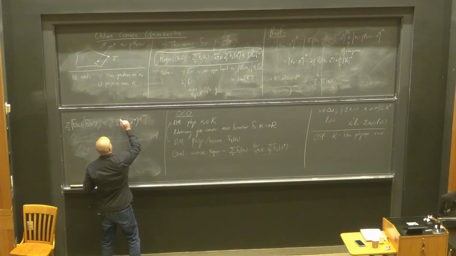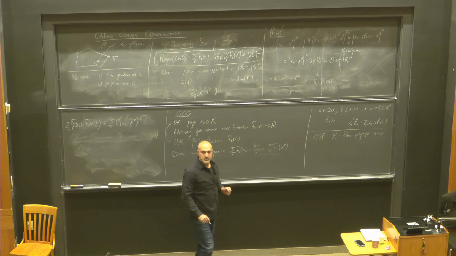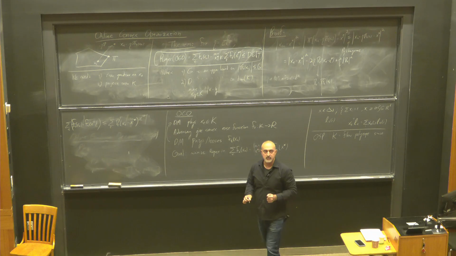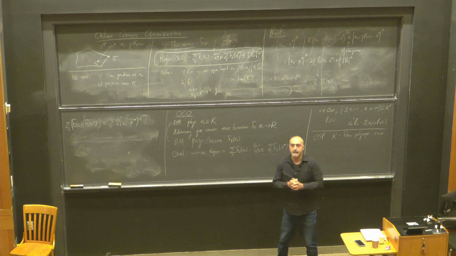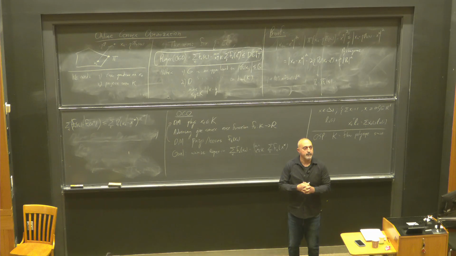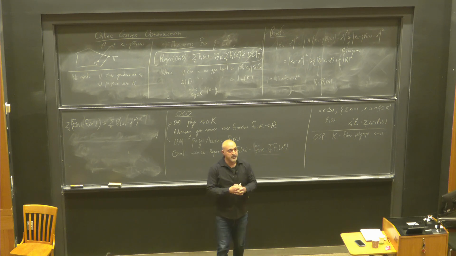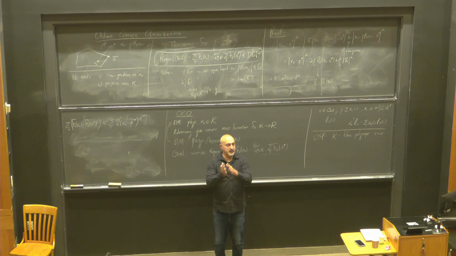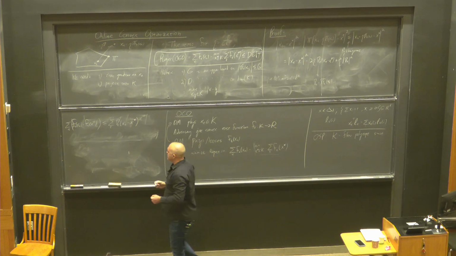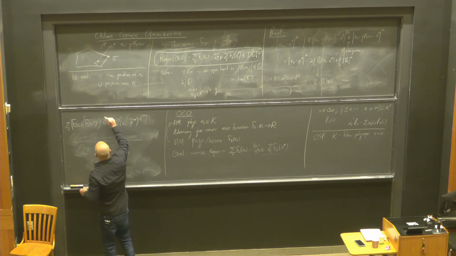Why is that? Yeah, convexity, that's right. Remember, convexity means that the function lies above the gradient approximation. So this is the one and only place that I use convexity.